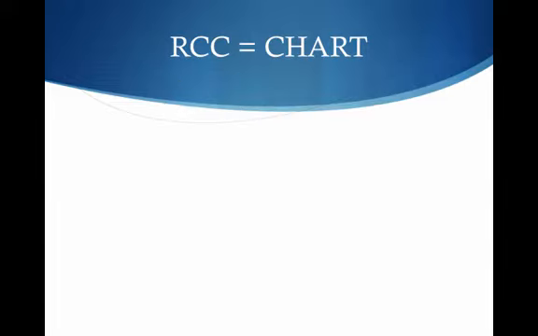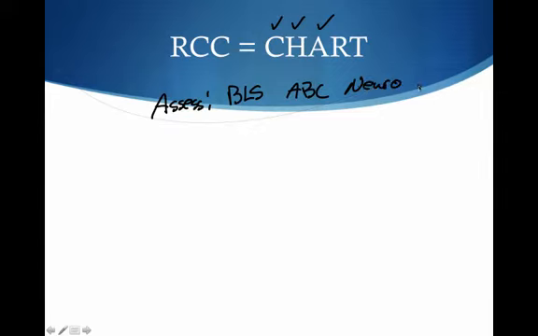Assessment. So complaint, history, assessment. I would like a BLS assessment first: airway, breathing, circulation, neuro, and this would be an AVPU.